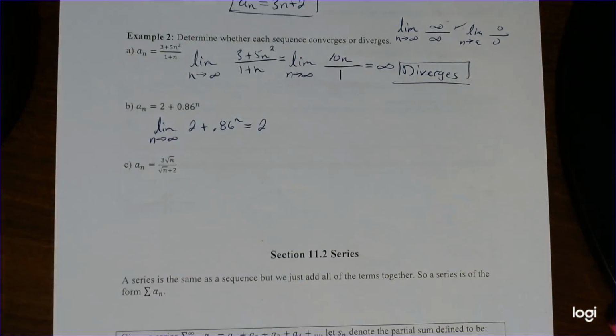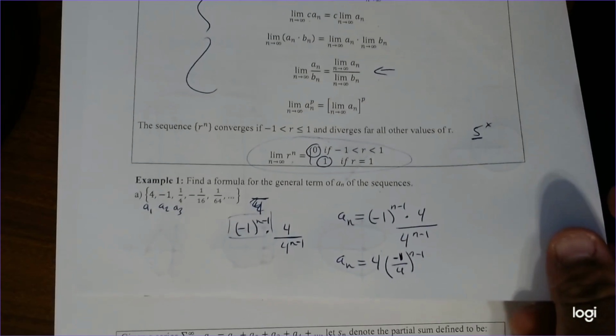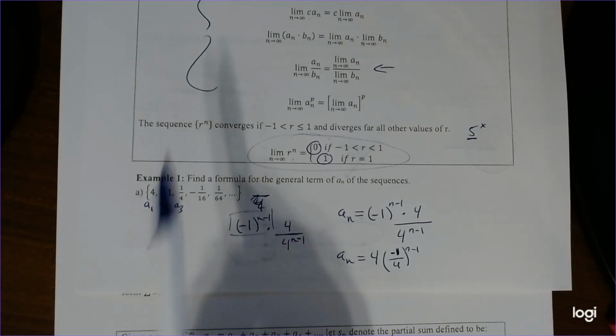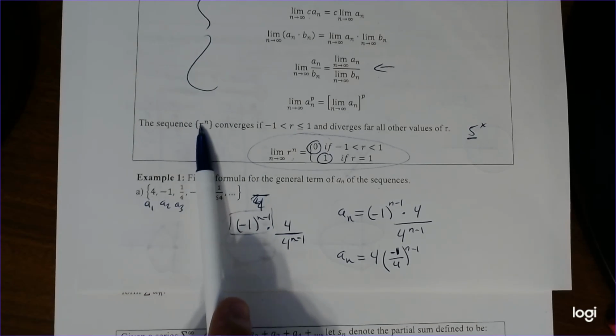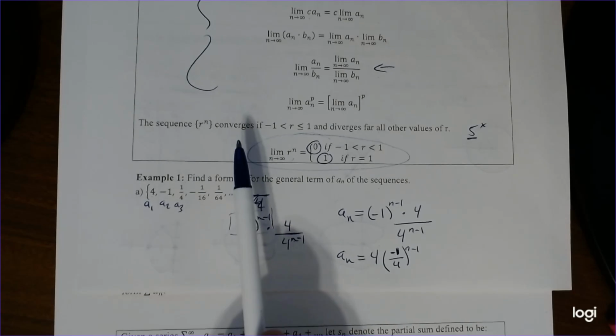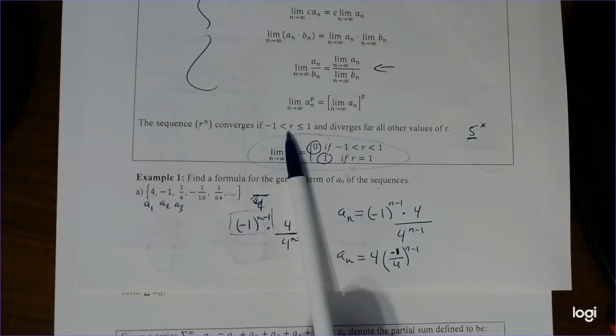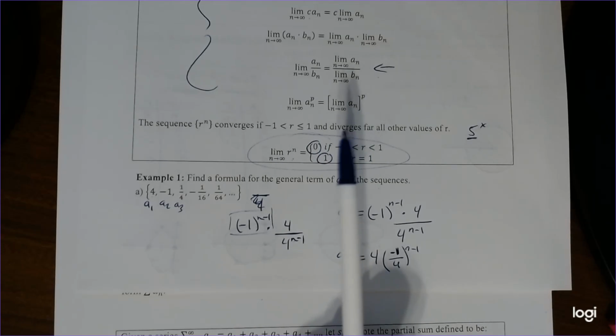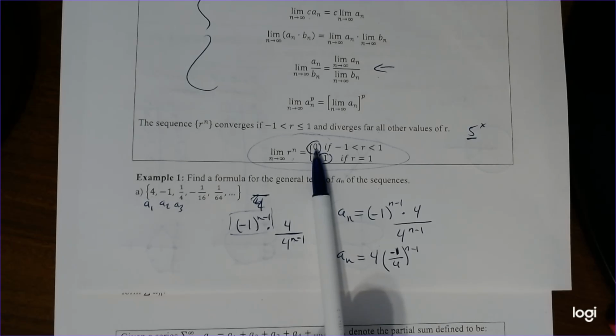Now this is where our nice special sequence comes into play. This says, right, we have 0.86 to the n power, which correlates to this. If r is between -1 and 1, it converges. And not only does it converge, it converges to 0. If r is 1 itself, it equals 1.